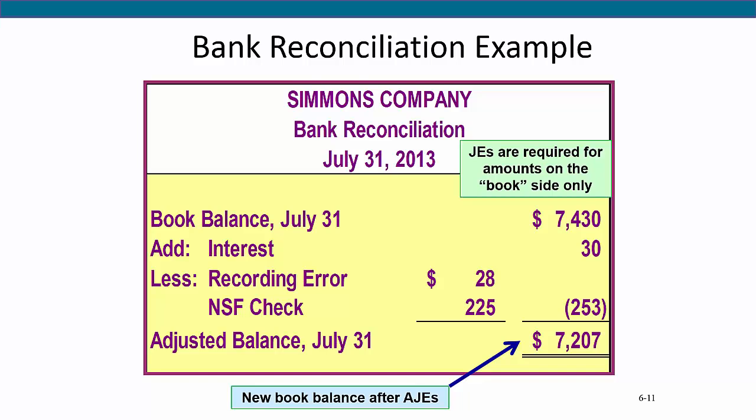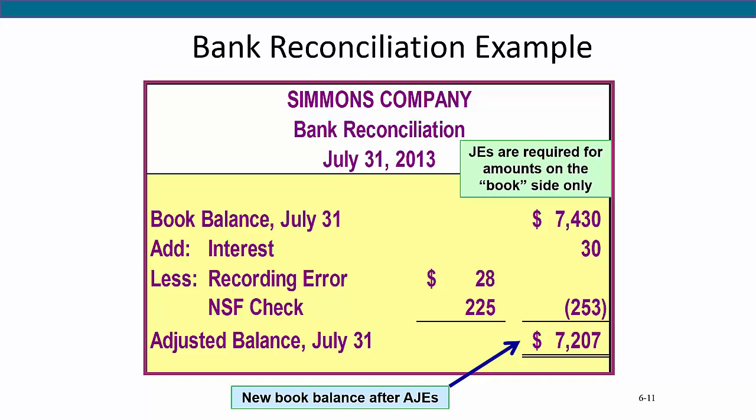Item number 4. The bank statement also shows a credit of $30 for interest earned on the average cash balance. There was no prior notification of this item, and it is not recorded in the general ledger. Therefore, we treat it as a reconciling item and add it to the book balance on the bank rec. And item number 5, it appears as though Simmons made an error when they recorded a check for supplies.